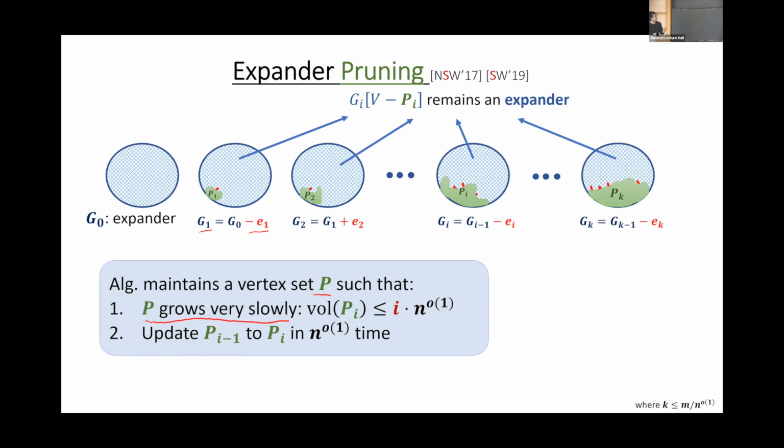If you delete one edge, the set P on average grows by just subpolynomial volume. So after I steps, the volume of P is just something like I times n^{o(1)}. And the time to update this set is also small.